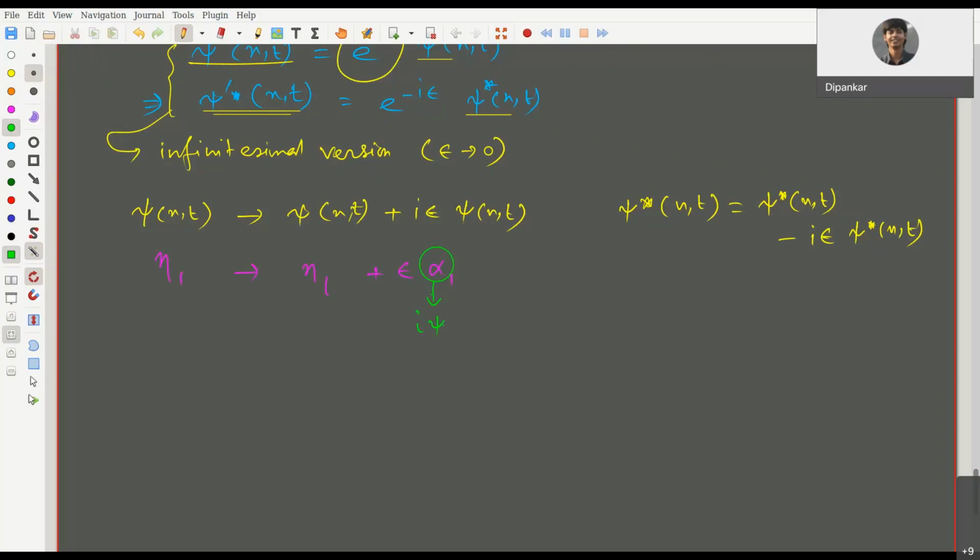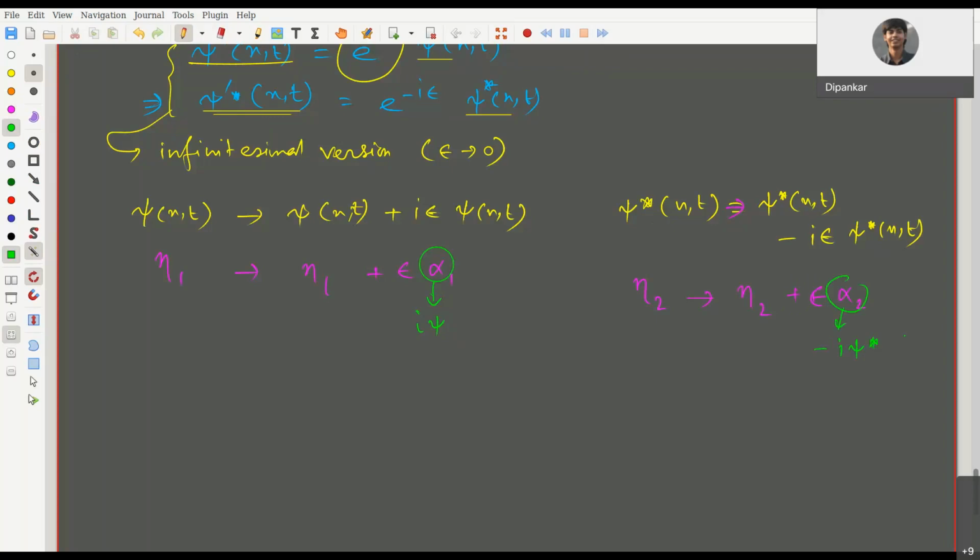This is the change in eta 1. And psi star is my eta 2. So eta 2 goes to eta 2 minus, if I write it as plus epsilon times alpha 2, then this alpha 2 is basically minus i psi star.